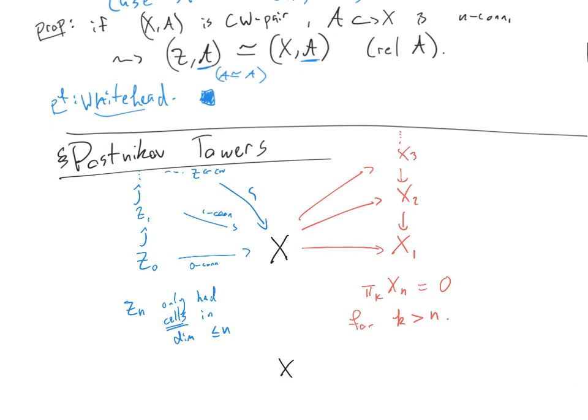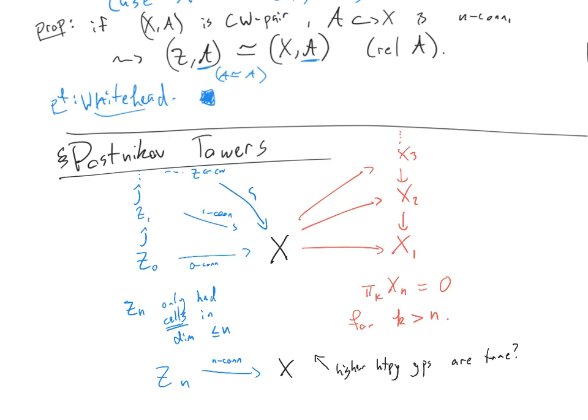So think about a given stage over here, we had this map, it's n-connected, but if you look at the higher homotopy groups, it could be that X's higher homotopy groups are maybe nice, maybe they become 0, maybe they're tame in some way. But Zn's, we know, actually are atrocious, because one of the things that we did when we stopped attaching cells is we added this big wedge of Sn's.